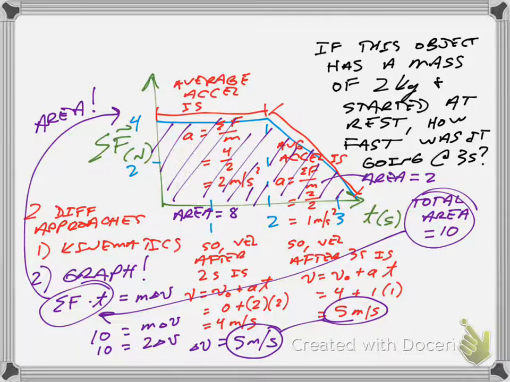So once again, fairly straightforward, a lot faster than the kinematics approach, and can save you some time on the exam. But again, just be careful. Always look at what kind of graph you're looking at, what can be determined from that graph, and what then am I asking about? Am I asking about the instantaneous value, the slope, or the area bound by the curve?